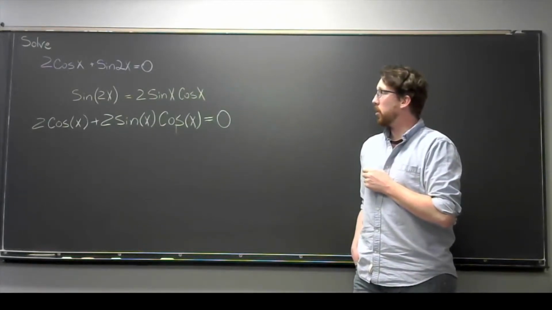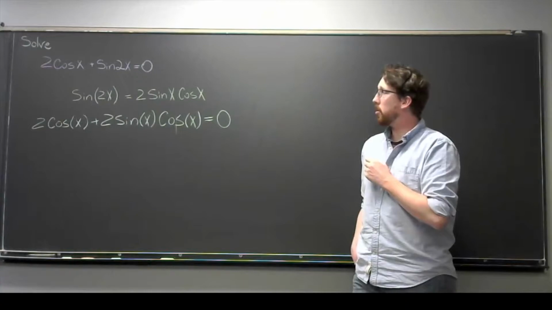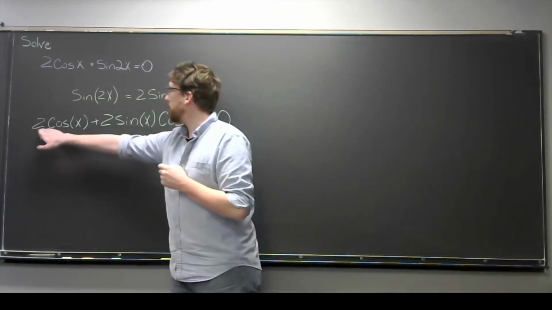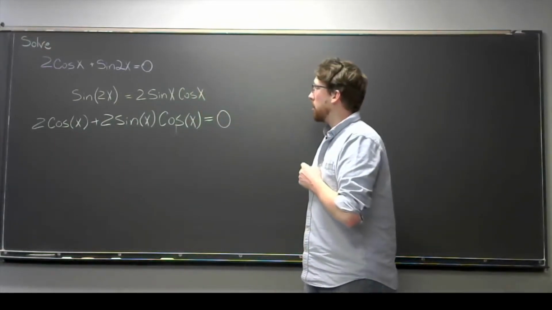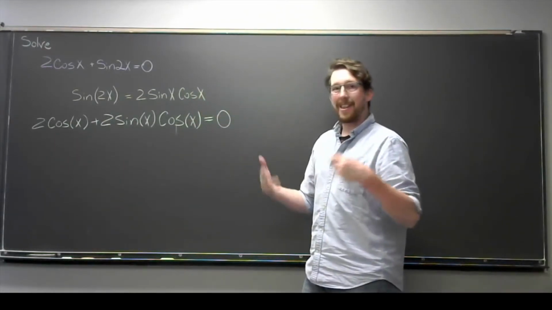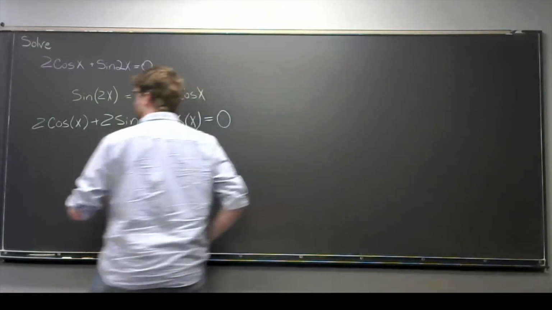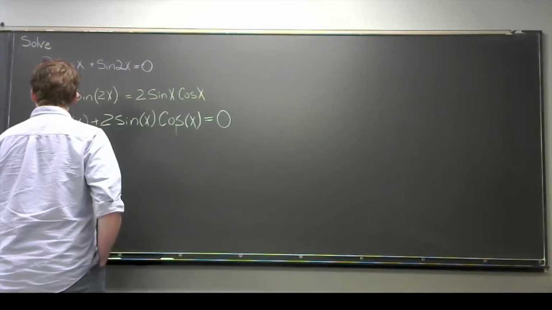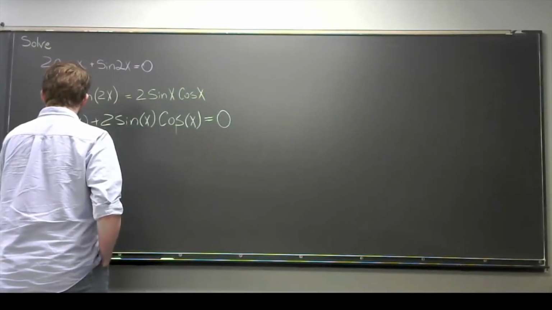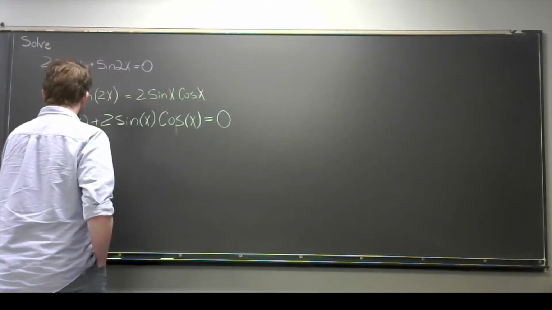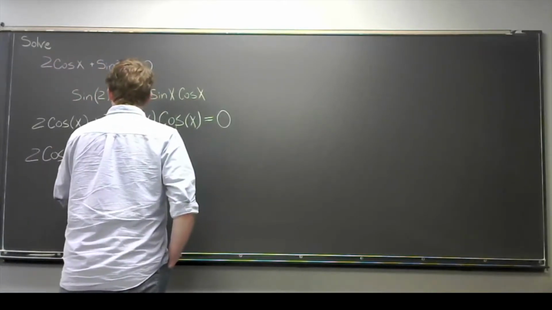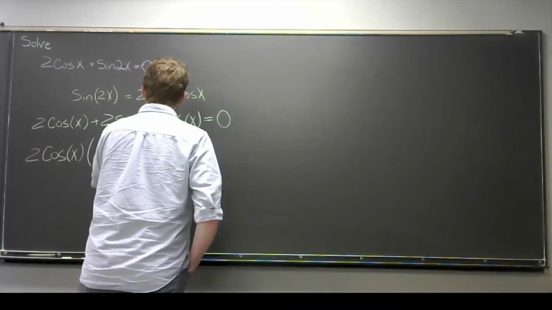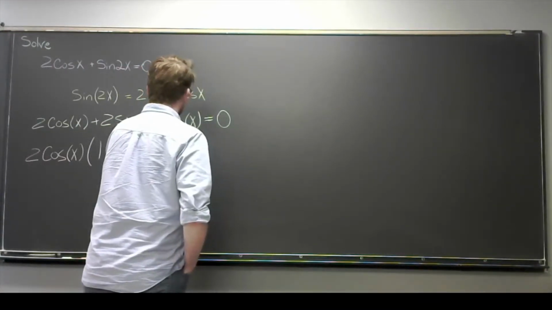Now from here, we're going to pull out the 2 cosine. We have 2 cosine here, 2 cosine here. So we're going to factor those out and then solve for x. Doing that, we get 2 cosine of x times 1 plus the sine of x is equal to 0.